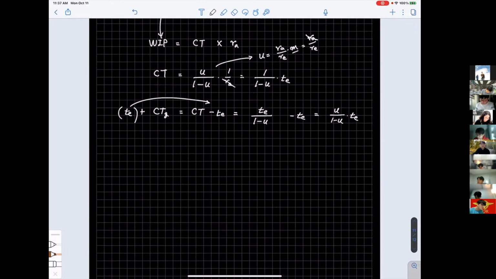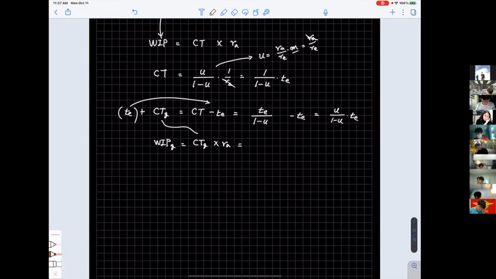And lastly, WIPq is the CTq multiplied by the RA.